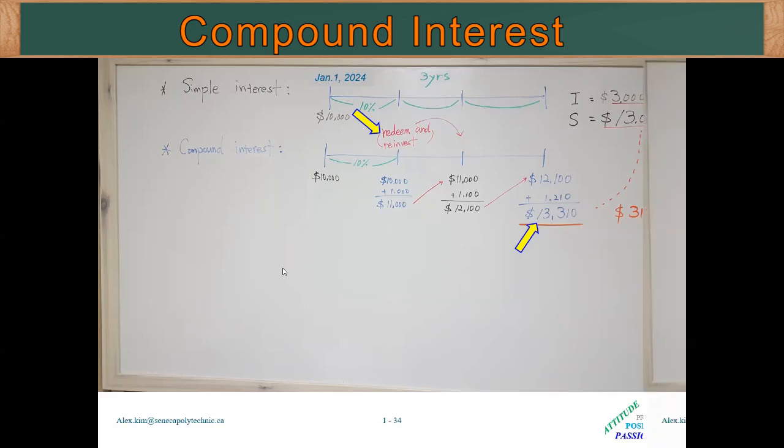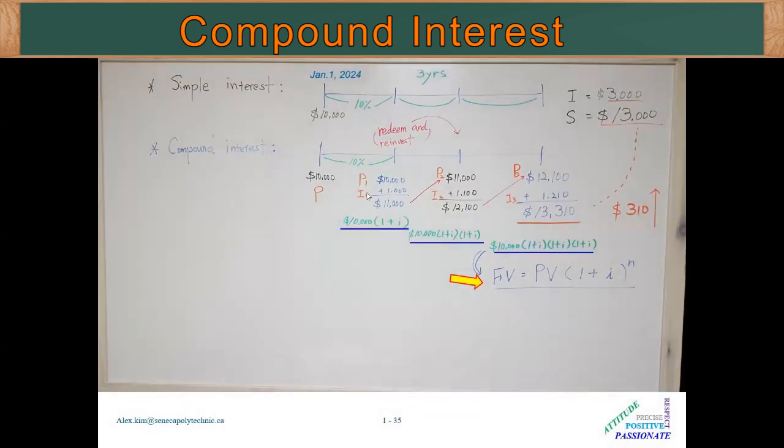Compound interest: interest earns interest. I'm going to break it down one step further. So 10,000 becomes 11,000; I can say 10,000 times (1 plus i), where 1 means principal plus i is 10%. So 11,000. In this case, 10,000 times (1 plus i) times (1 plus i). Am I right? Principal plus interest.